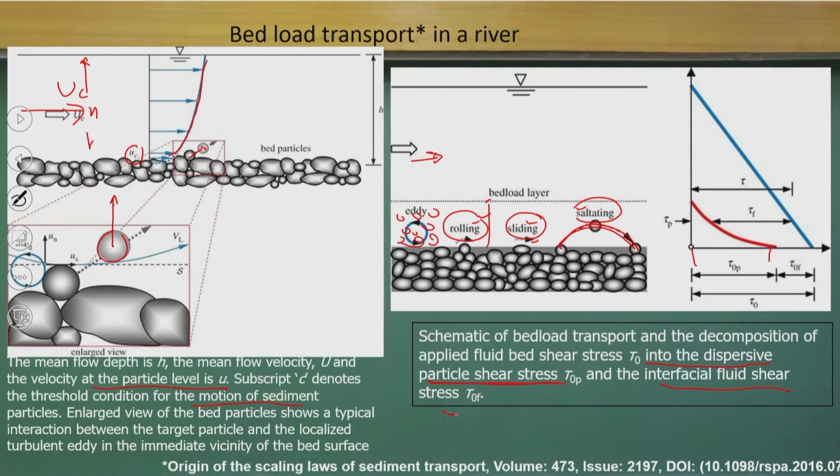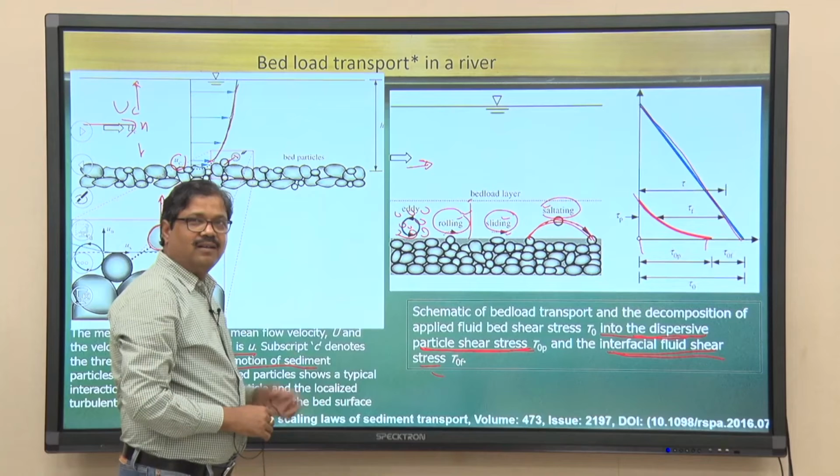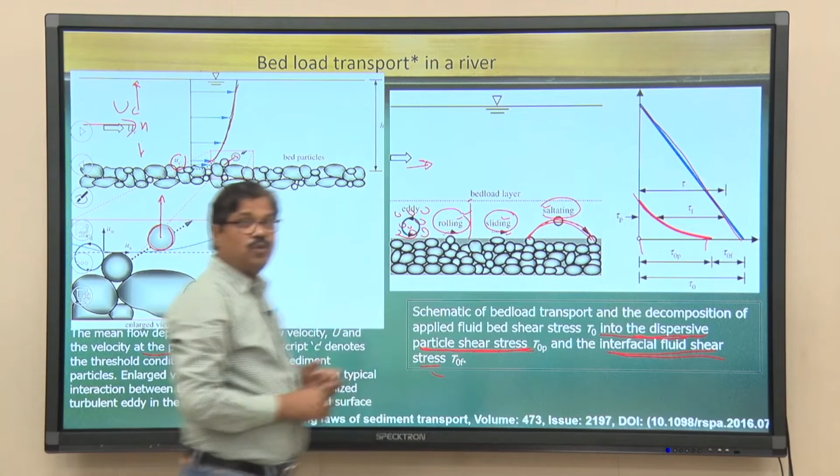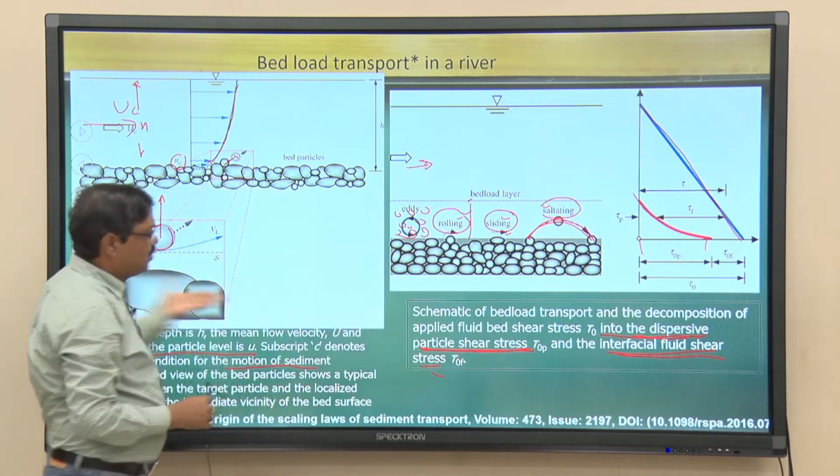The shear stress has two components: the dispersive particle shear stress and the interfacial fluid shear stress, and how do they vary along the vertical direction, as you consider turbulent flow.